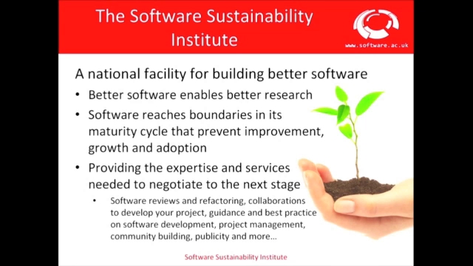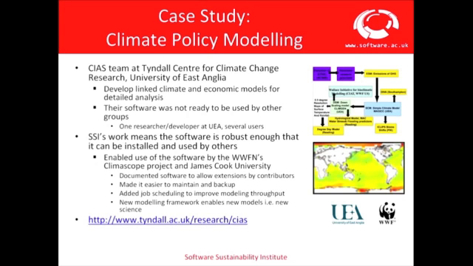So it reaches these boundary stages that prevent the improvement, the growth and adoption of the software. And what we're trying to do is provide expertise and services that might be needed to get from one stage to the next. And there's many different things, and you can see examples of these on our website.